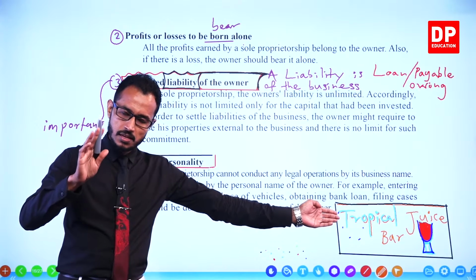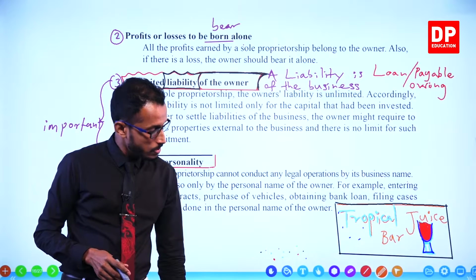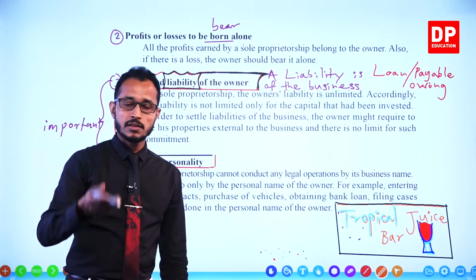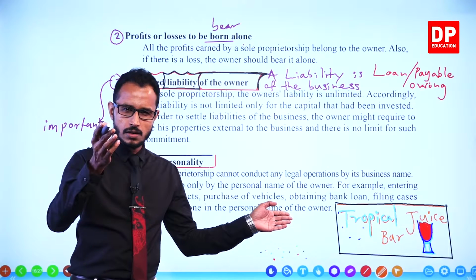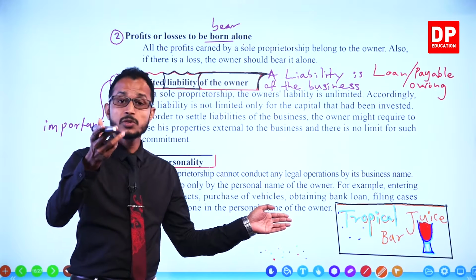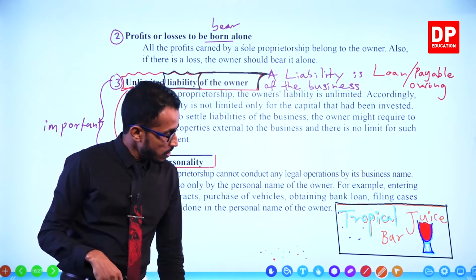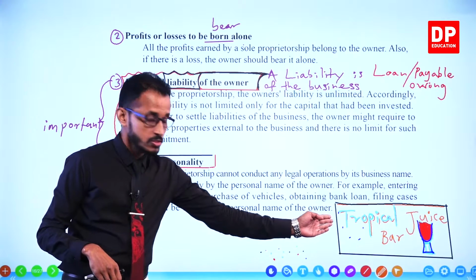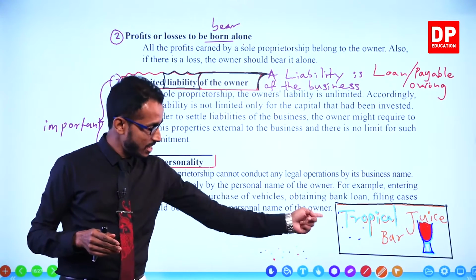The business name is not your name. Your name is not Tropical, right? What was your name? I took your name for an example and it was Hiruna. If your name is Hiruna Vettasinghe, this is not your name. Then this must be registered. The business name must be registered.